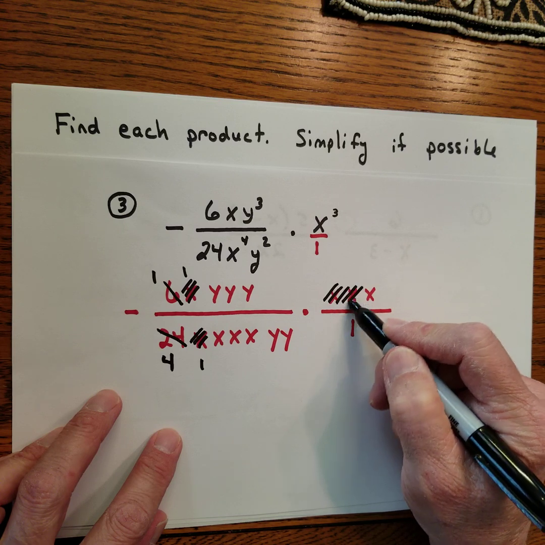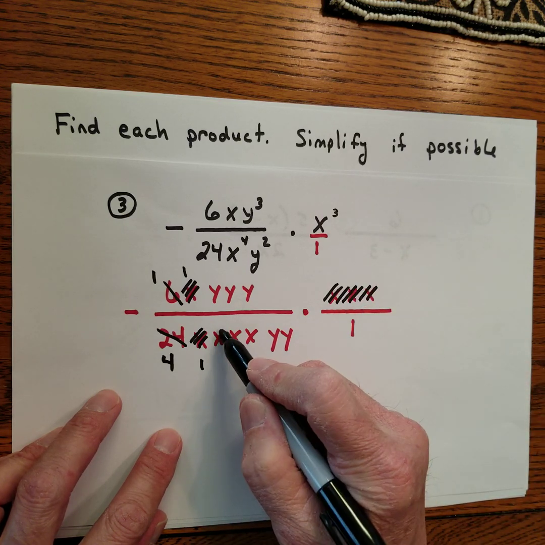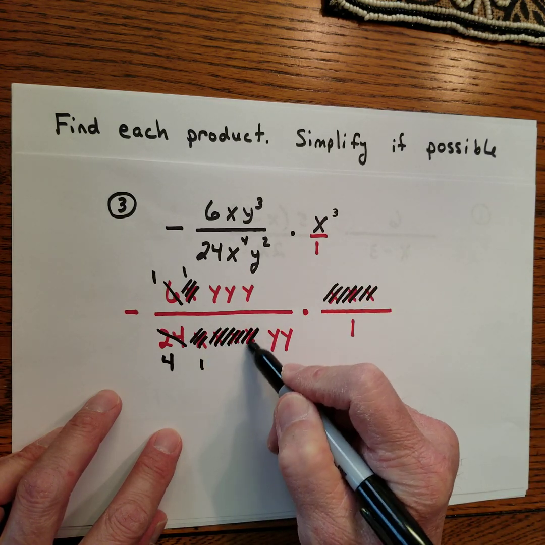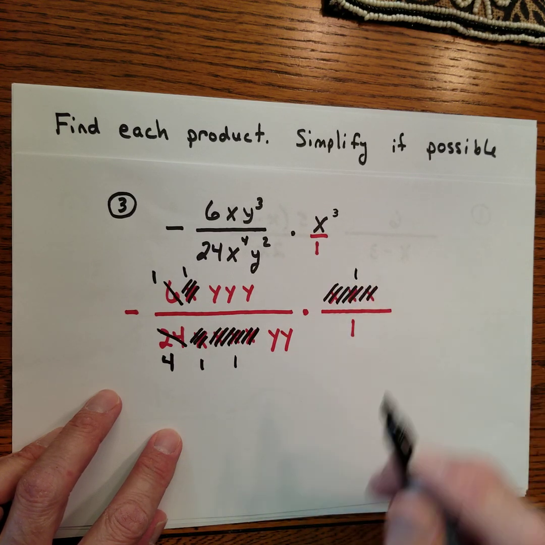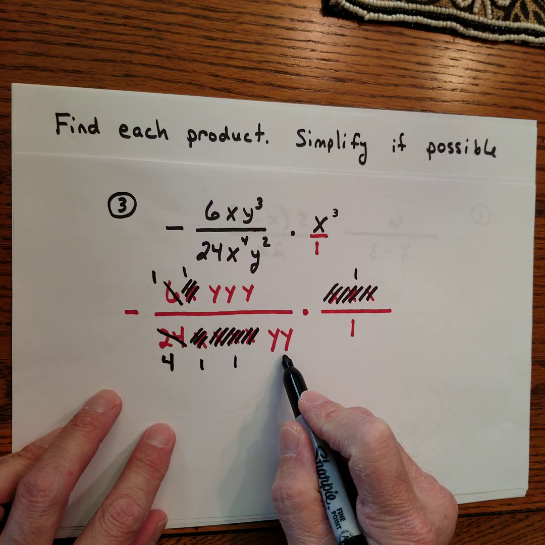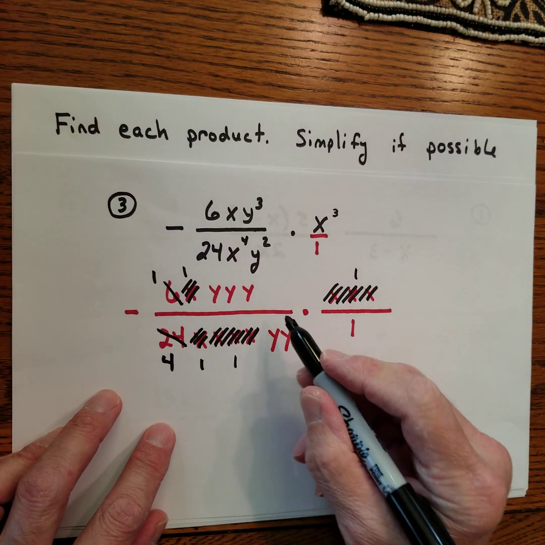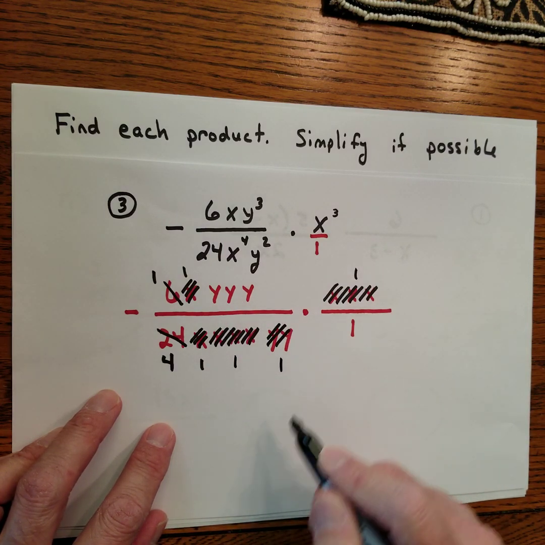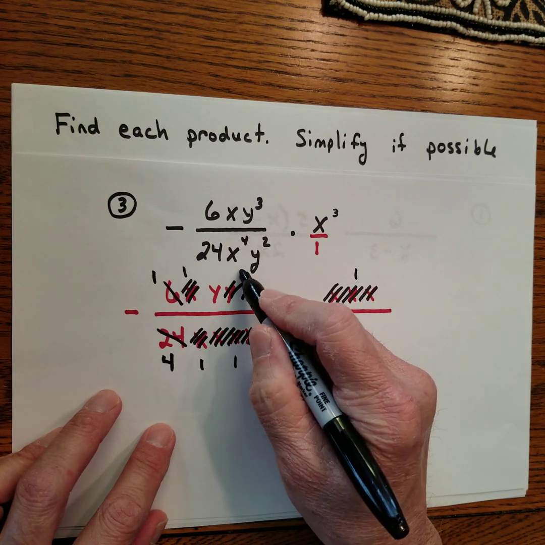I can let these 3 x's cancel these 3 x's. When things cancel completely, they become 1s. I still have 2 y's in the bottom, cancel with 2 y's in the top.